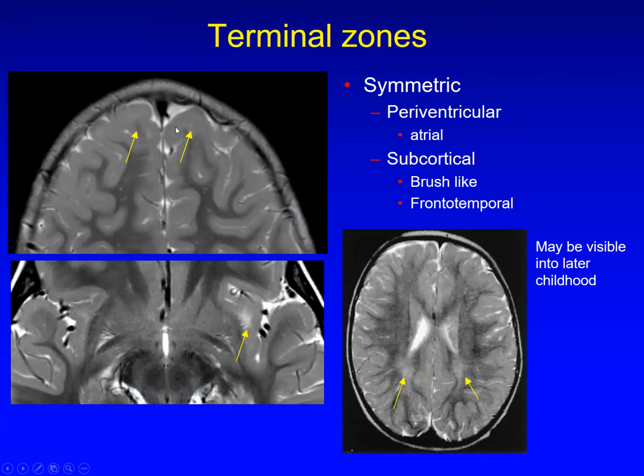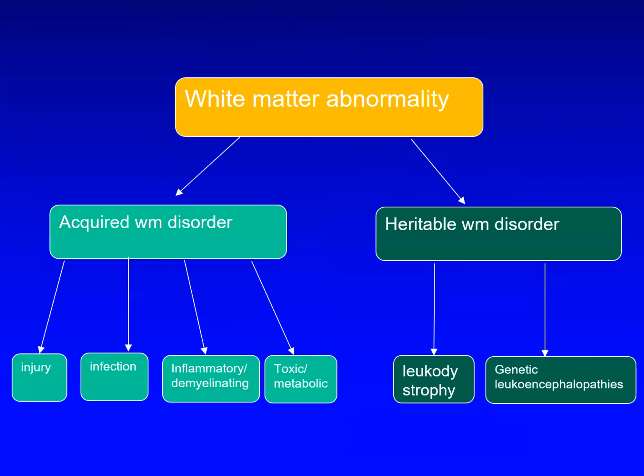And these usually look a little bit brush-like. In fact, sometimes they may be associated with some increased perivascular spaces. These really should be symmetric, and in these common locations, it can sometimes be difficult to tell if there is pathology underneath or not. And sometimes we just have to follow these patients and see if something develops.